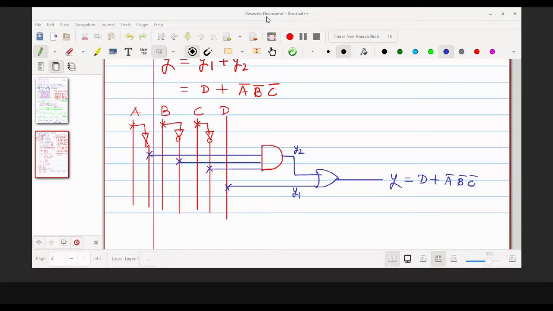If you have a doubt, you can write in the chat box. There are certain doubts, let me go through. There is one question: is it compulsory to start with 00?